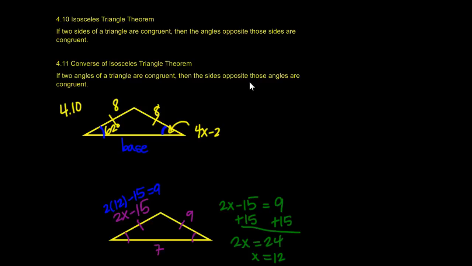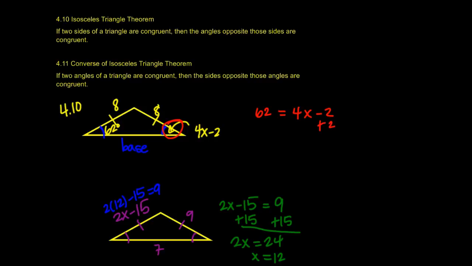So we know that if we see two sides of an isosceles triangle are congruent, then the angles opposite those two sides are also congruent, equal in measure. So that tells me I can take 62 degrees and set it equal to 4x minus 2, because this angle also has to be 62 degrees. They have to be equal.